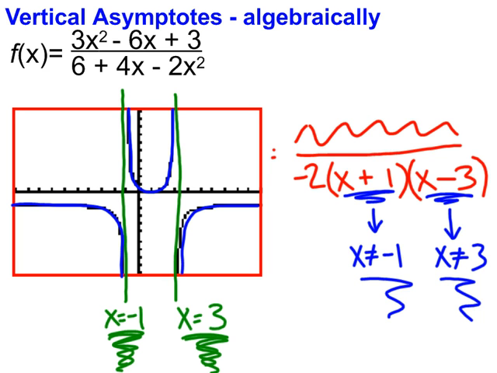If I've lost you on that, please come seek clarification during office hours. That's the algebraic solution, and we're looking at it graphically as well here. Let's now algebraically determine what this horizontal asymptote is going to be, this one right here.